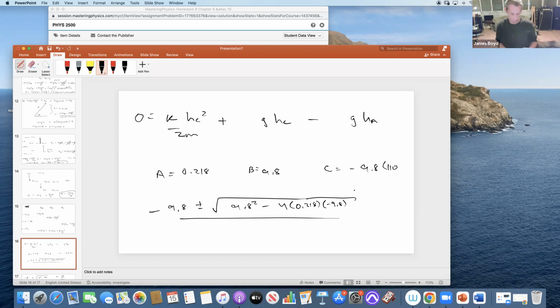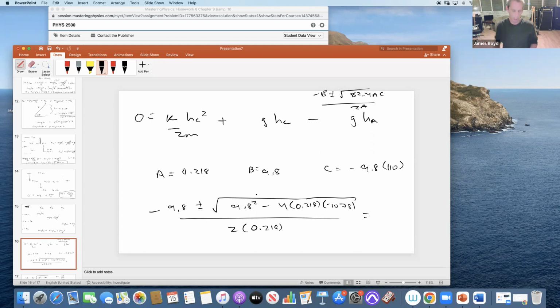So 9.8 times 110, negative 1078. And over 2 times 0.218. That's negative b plus or minus the square root of b squared minus 4ac over 2a, the quadratic formula.